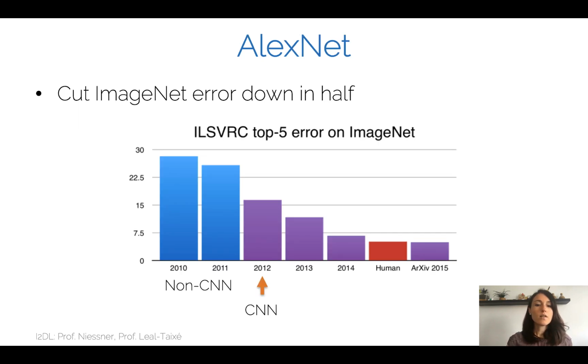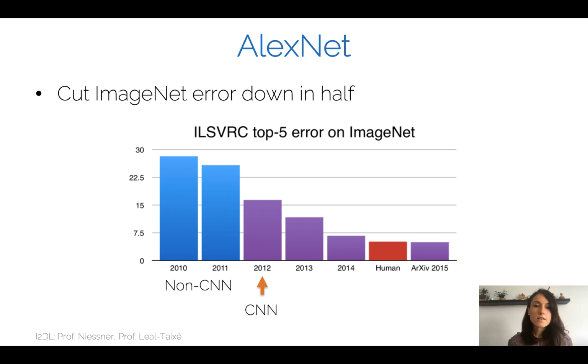Now, if you look at this image here, this is a famous image that shows the top 5 error on ImageNet. So we want to have it as low as possible. And you see the kind of solutions that were presented until 2011, which were non-CNN based, and how these solutions had a top 5 error of around 25.